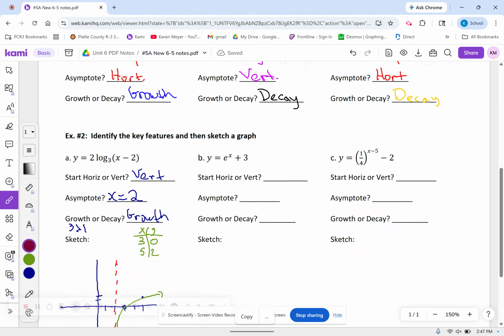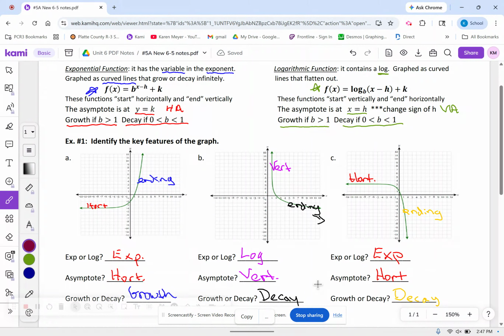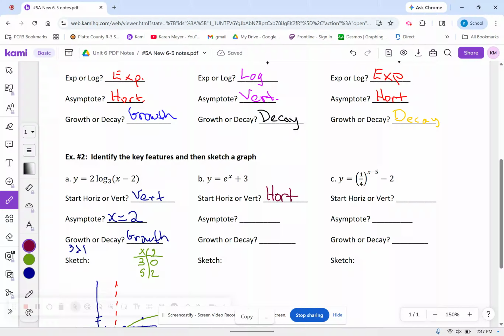So we're going to say it starts horizontally. And this one has a horizontal asymptote, so it's going to be y equals k, and we do not change the sign for k, so we're going to go y equals 3, and we keep that one the same. Do not change the sign.